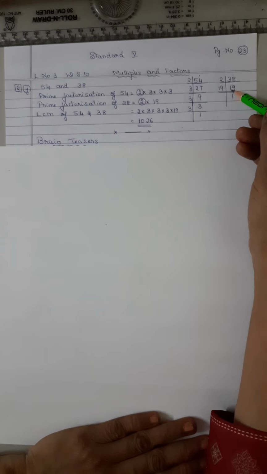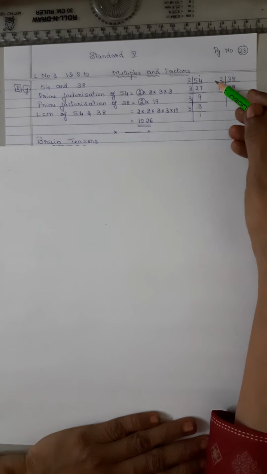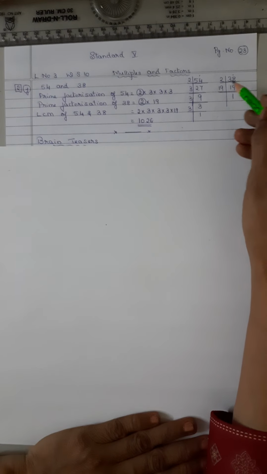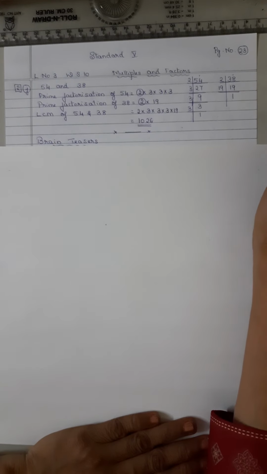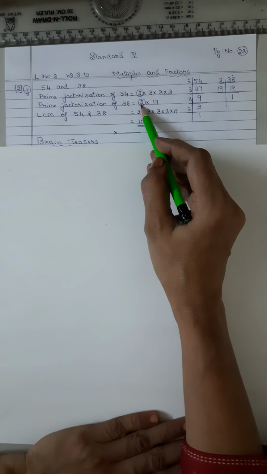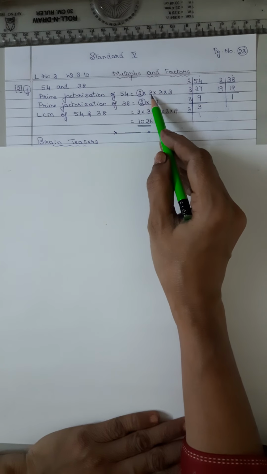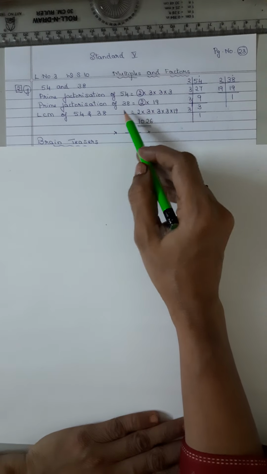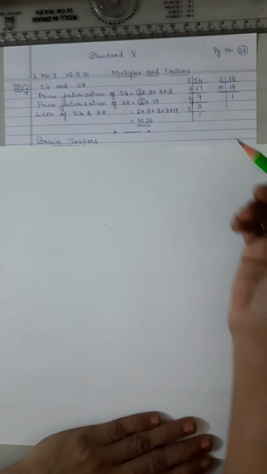Now coming to 38. 2 ones are 2, 1 remains. 1 and 8, 18. 2 nines are 18. Now 19 is a prime, so put 19. 19 ones are 19. So common ones, 2 is common, only 1. And uncommon, 3 into 3 into 3, then 19. When you multiply, you will get 1026.